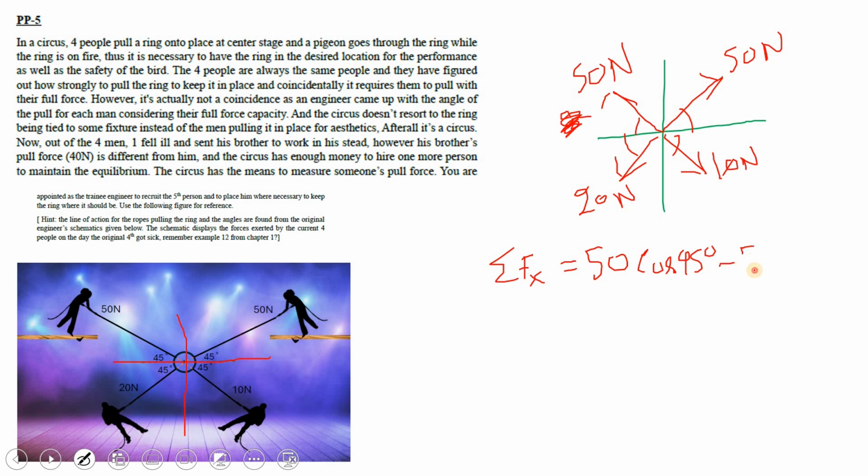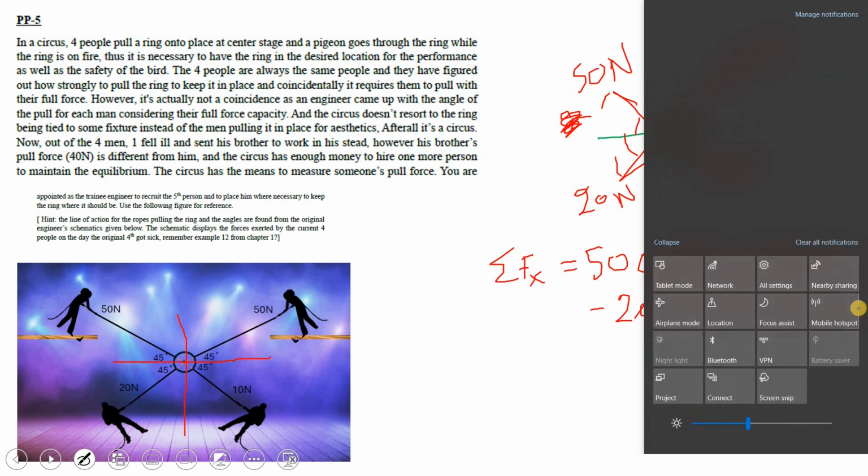So it's going to be negative 50 cos 45 degrees. And then we have a 20, and it's also going to be a cos 45 degrees. Then we have a 10 that's in the positive direction, that's also a cos 45 degrees.